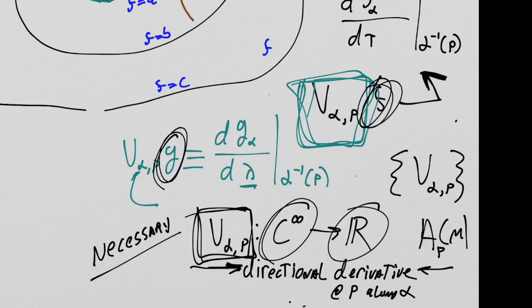The set A exists, right? The set of all possible curves on M, but then I can take the subset of those curves that just go through P. And that subset necessarily exists. So the set of all possible directional derivatives is all possible derivatives at the point P of all possible curves that go through the point P, right?